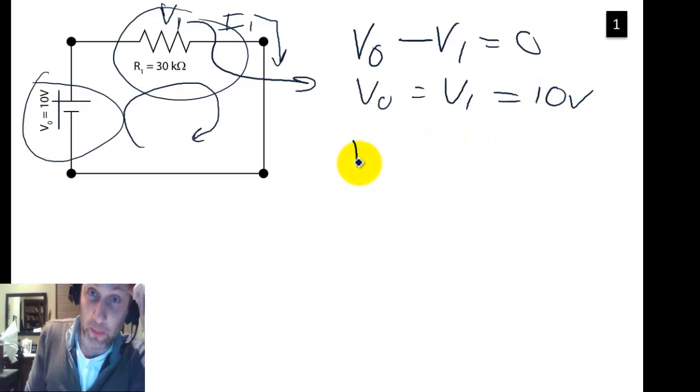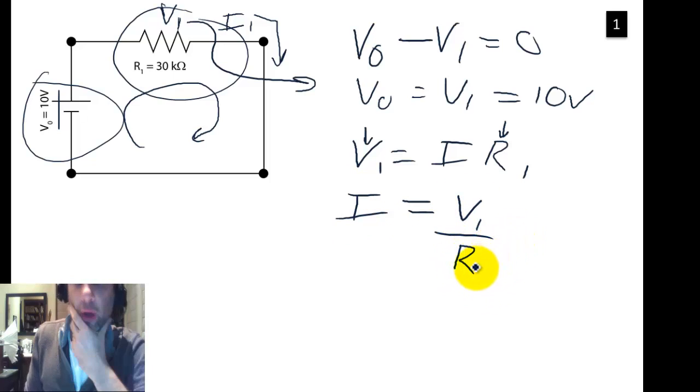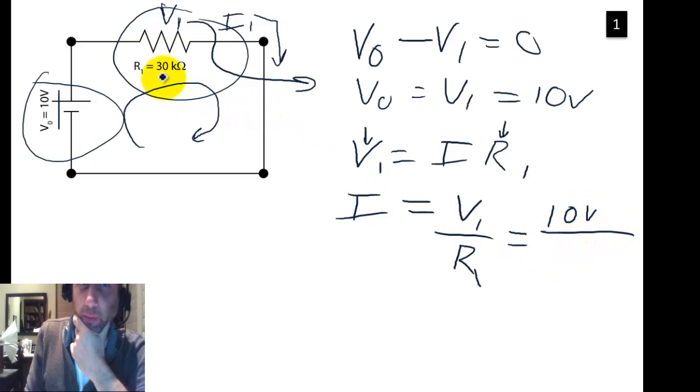Using Ohm's law, V equals current times the resistance. We know this now. We know this, that's given. So it should be easy to find this. We just divide both sides by R1. So the current equals V1 over R1, which equals 10 volts over 30,000 ohms.